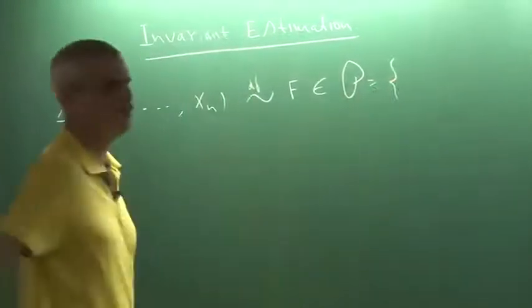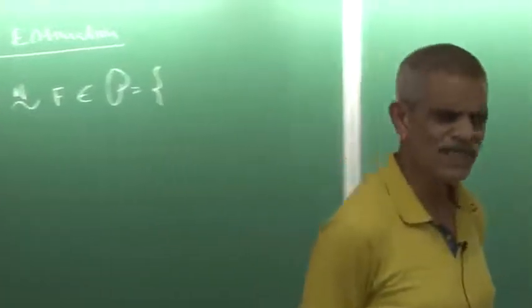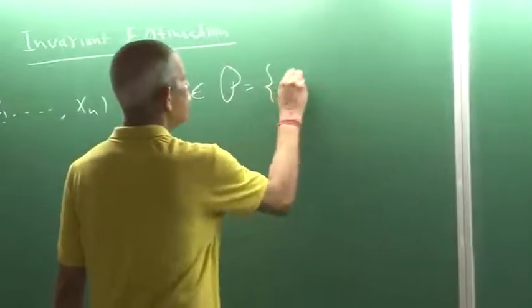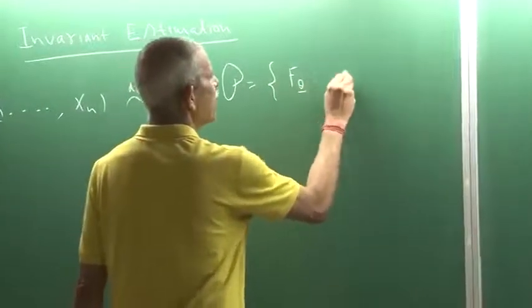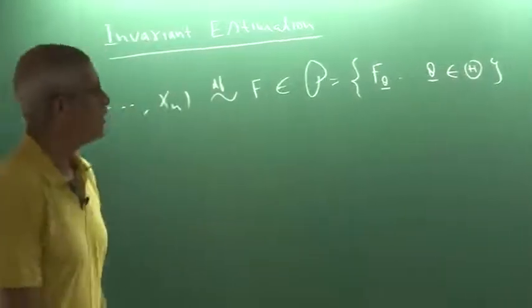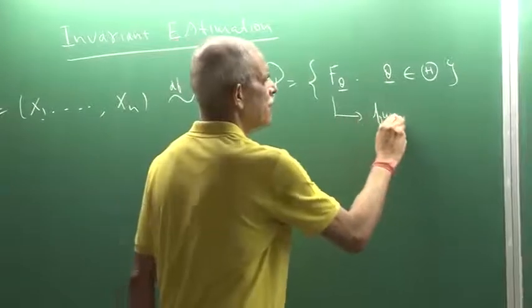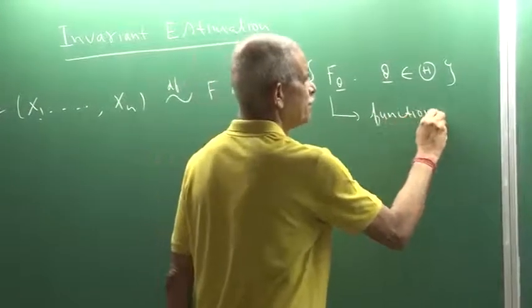Now this family P could be parametric, it could be non-parametric. To make things simpler, let us restrict ourselves to the parametric case, which is what we will mostly be doing in this course. So suppose this is f theta, theta belongs to capital Theta. In the parametric setup, you know the functional form of f theta.